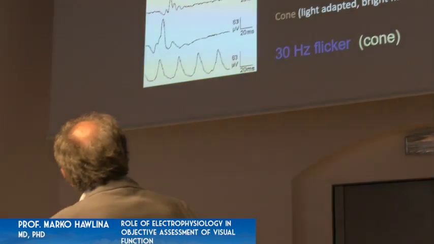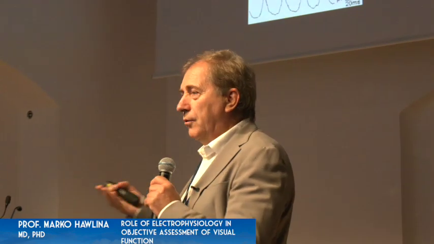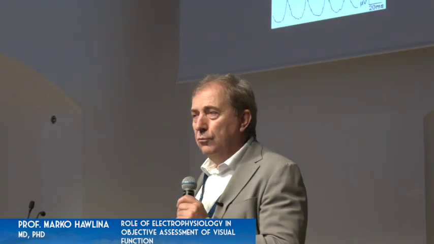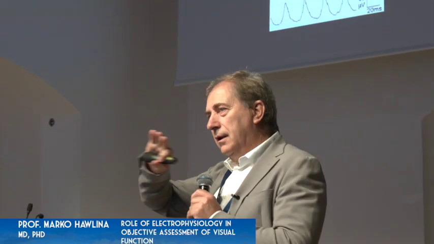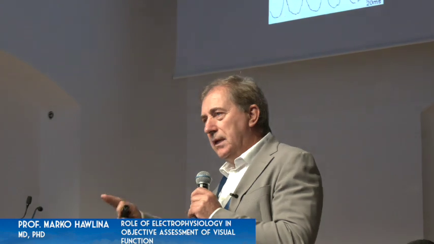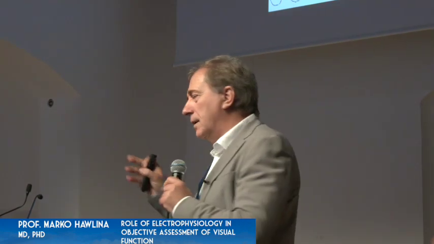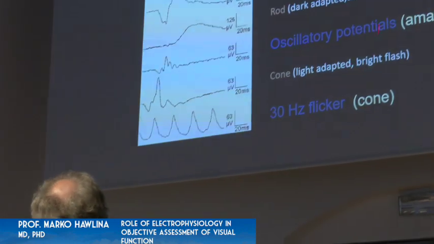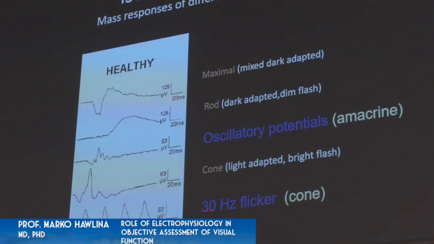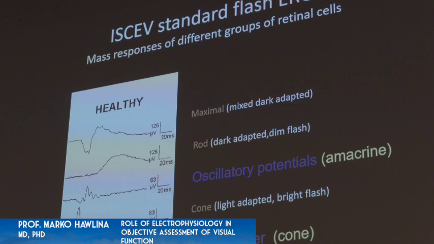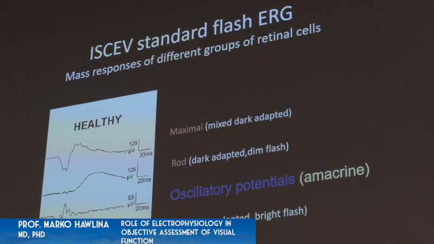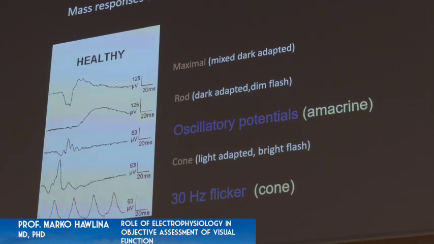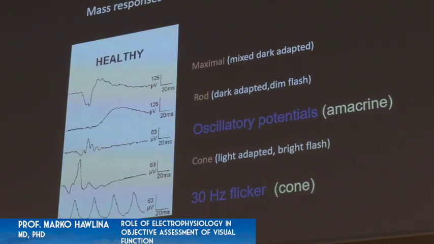So dark adapted full retinal response or maximal response, and then dark adapted rod response. If you leave somebody in the dark for 20 minutes and then have a dim light, you get this slow rod response coming up. Oscillatory potentials are responses from amacrine cells, and then if you leave somebody in bright light and then shine an even brighter light, you get the cone response because you filter out the rods, okay?